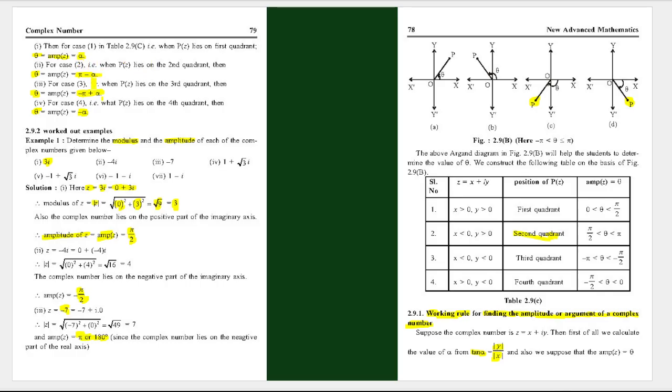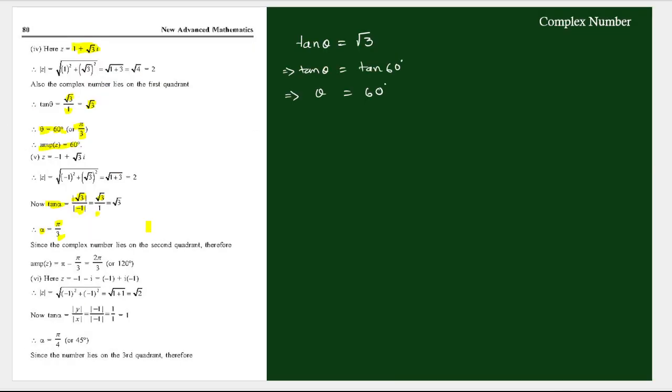So since the complex number lies in the second quadrant, alpha is pi by 3, 60 degree.